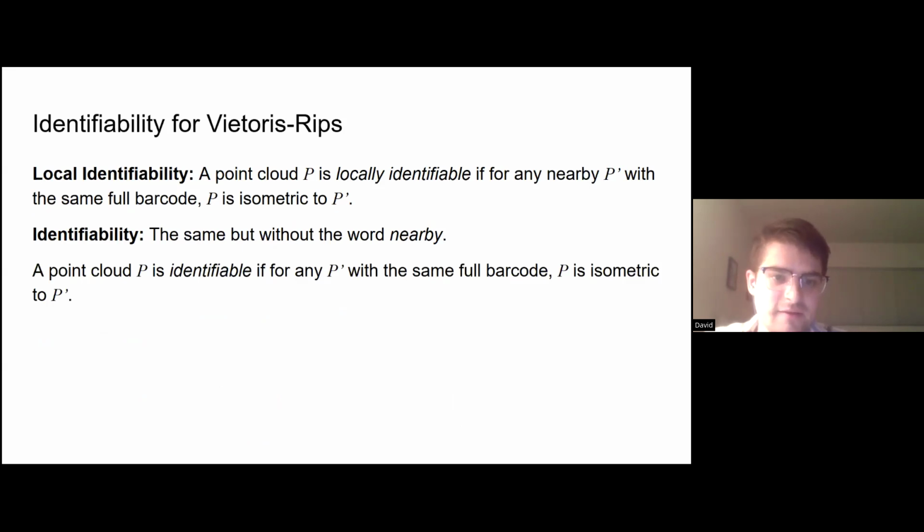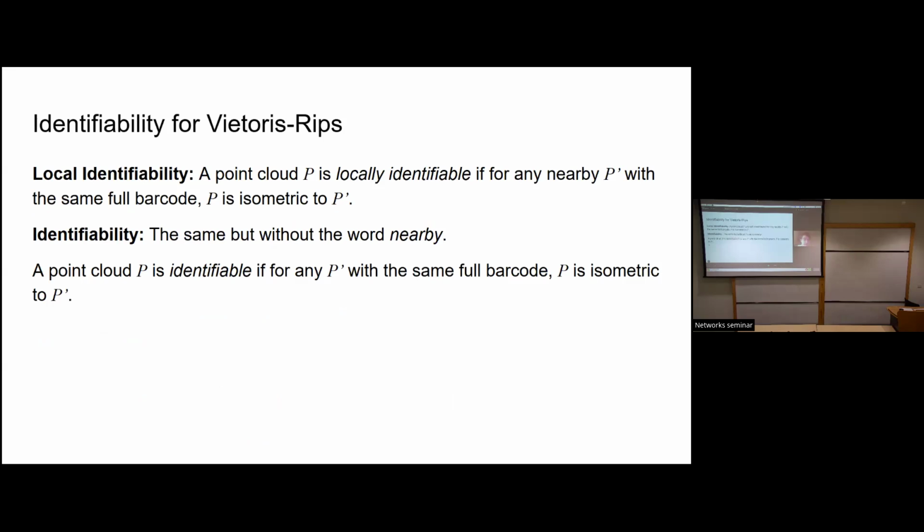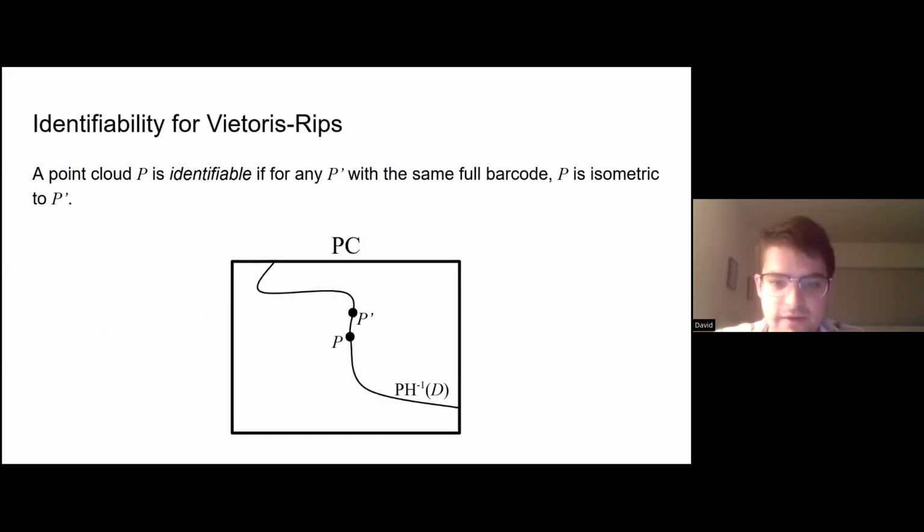A point cloud P is identifiable if for any P prime with the same full barcode as P, P is isometric to P prime. In other words, if P and P prime have the same output, they're isometric.